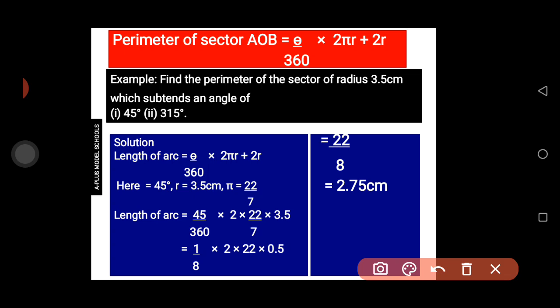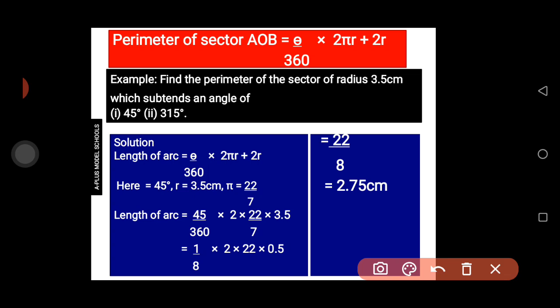So convert this, that will give you 0.5. So I have 2 times 22 times 0.5, which will give me 22. Don't forget 2 times 22 will give me 44. Then 44 times 0.5 is the same thing as 1 over 2, which is 22, then all over 8.